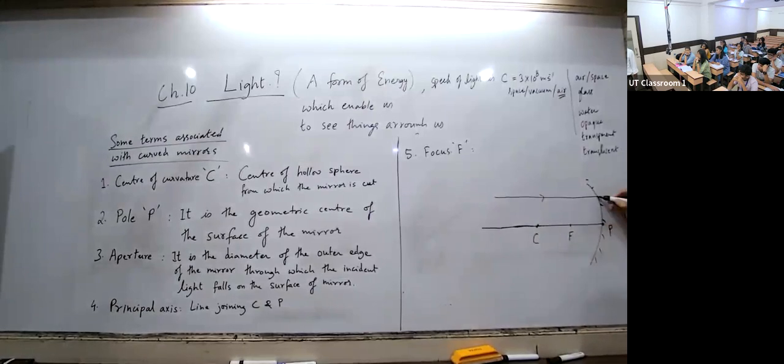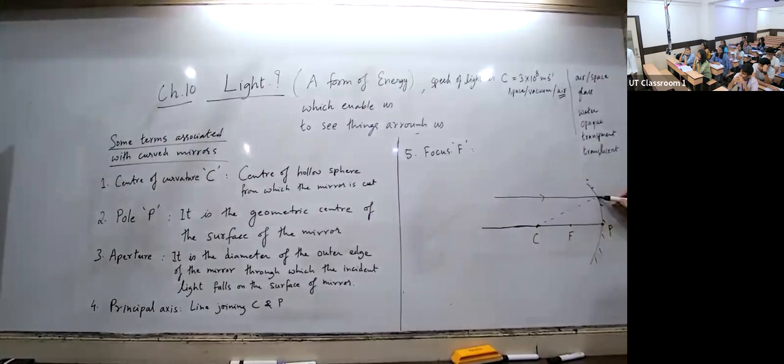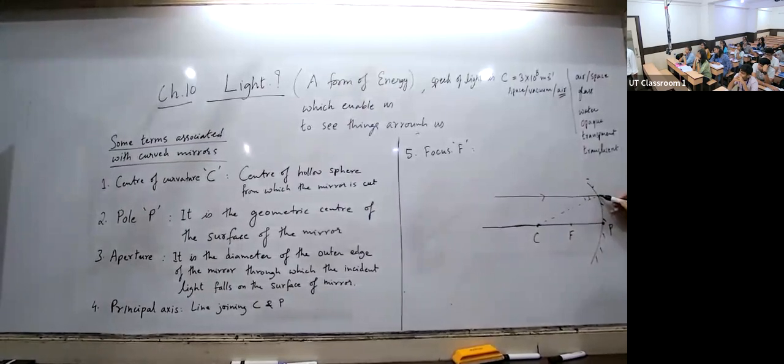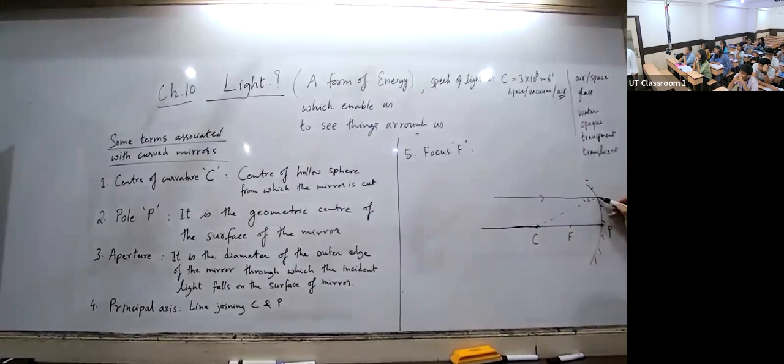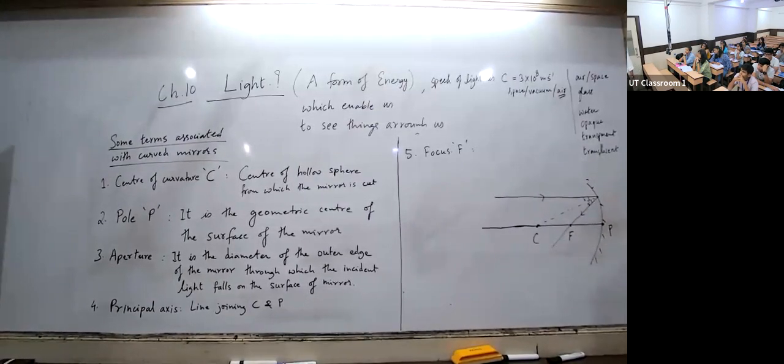What is the normal at this point? The radius. The radius will always be from the center to that point on the surface of the mirror. So this is your angle of incidence. Now construct an equal angle of reflection. So i and r will be equal. So what is F? It is the point on the principal axis through which the parallel incident ray passes after reflection.